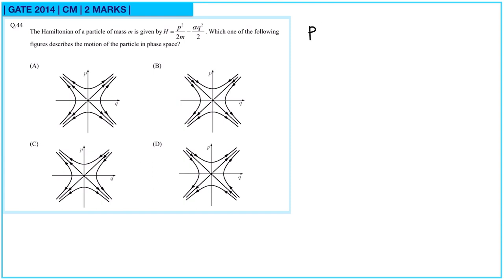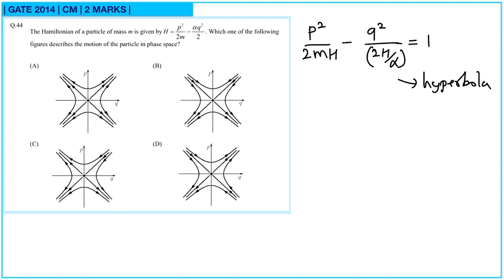So this is p square by twice m minus q square upon 2 by alpha, which is equal to H. If we take here 1, then this is 2H by alpha. This equation is of hyperbola.